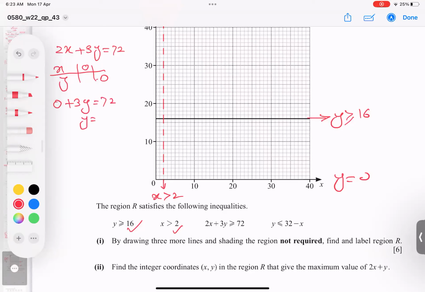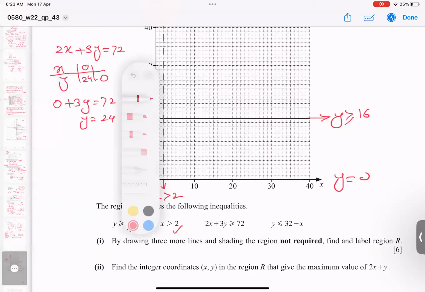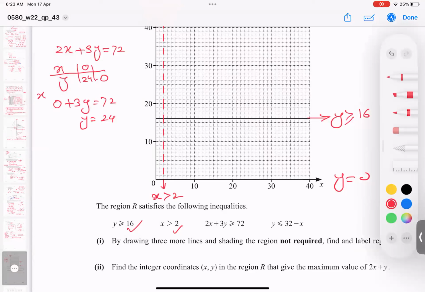So y, 3 2s are 6 and 3 4s are 12, so 24 is coming. And when I plug in y 0, students, so 0 will go here. So 2x plus 0 equal to 72. This 2 divides there, gives you 36.